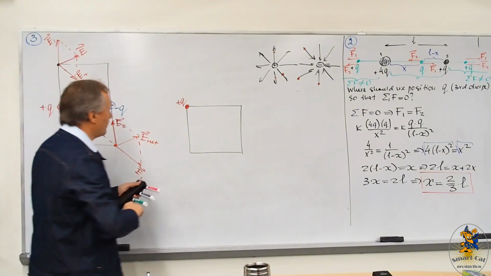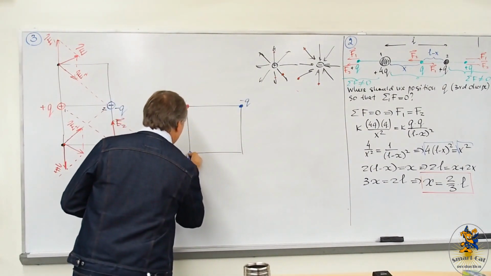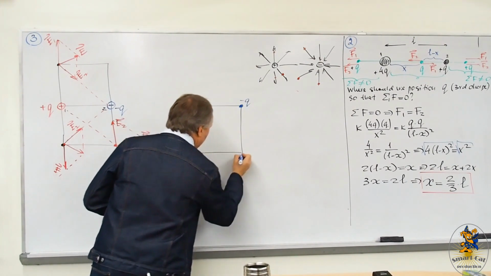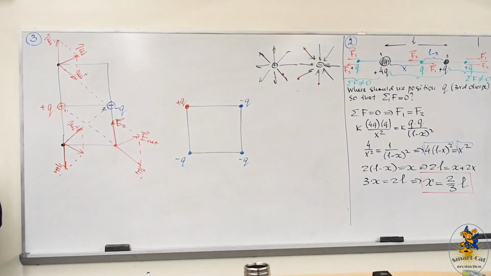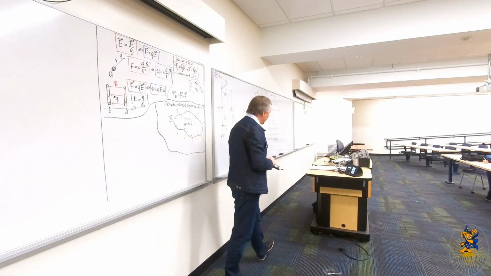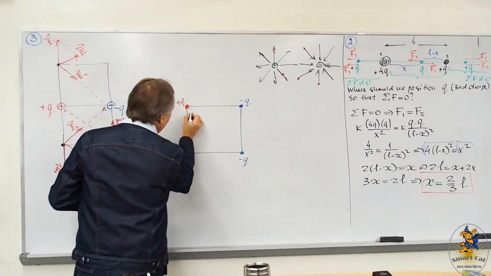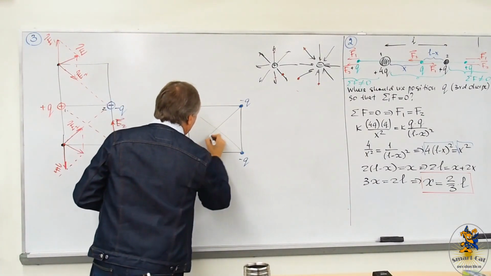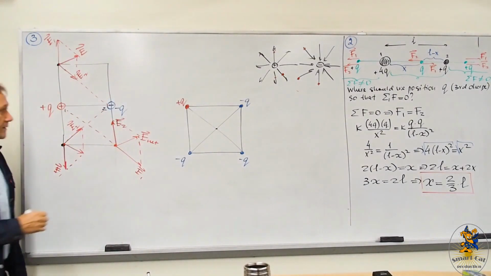So Q, then minus Q, then minus Q, and minus Q. And we're interested in the net electric field at the center. Let me draw these diagonal lines. So E at the center.